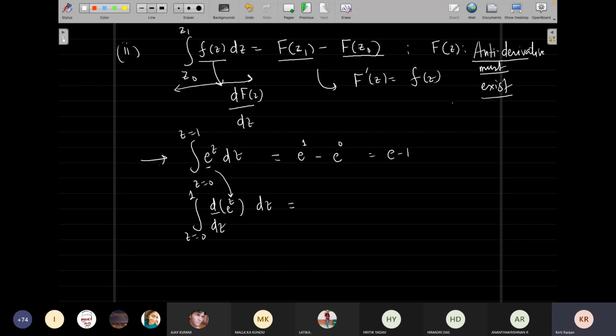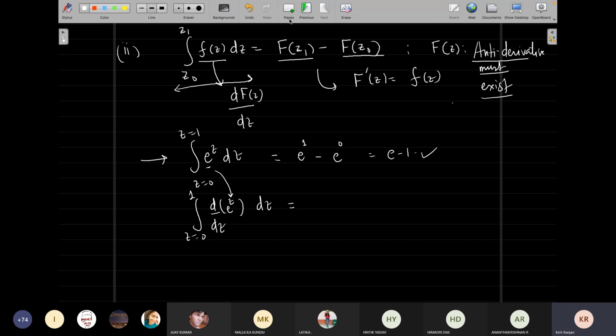So for certain integrals, as long as the function is analytic, you do not need to worry about doing the whole path integration. You can directly do the integration as we do in real integrals. This is an important consequence.